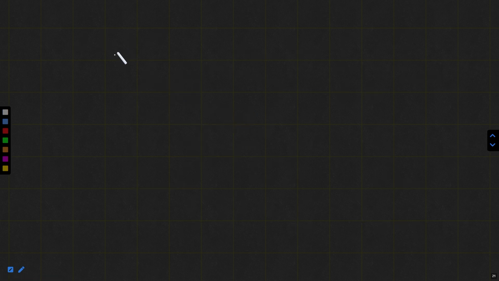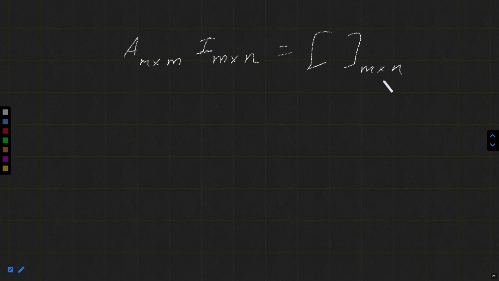So in that case, A is of M cross N and I will be of what? Can you do such a sort of thing? No. Why? Because the output matrix now will be of M cross N, but we want A here and A must be of M cross N. So this means this I also must be an M square matrix.